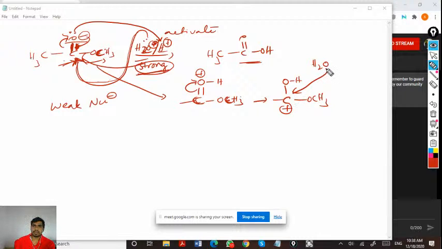If the nucleophilic addition happens here, it's going to give OH, OCH3, and OH with H plus. H plus will be released.